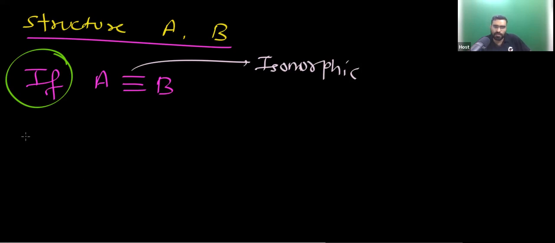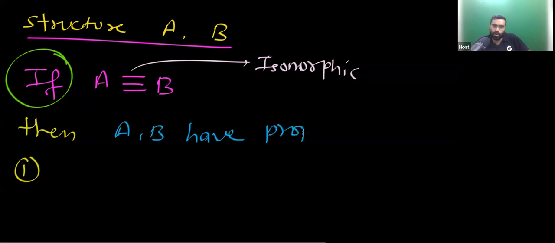Okay, then what will happen? If they are isomorphic, then A, B have the same properties. Same properties means, if A is a group, then definitely B should be a group. Agree with me?